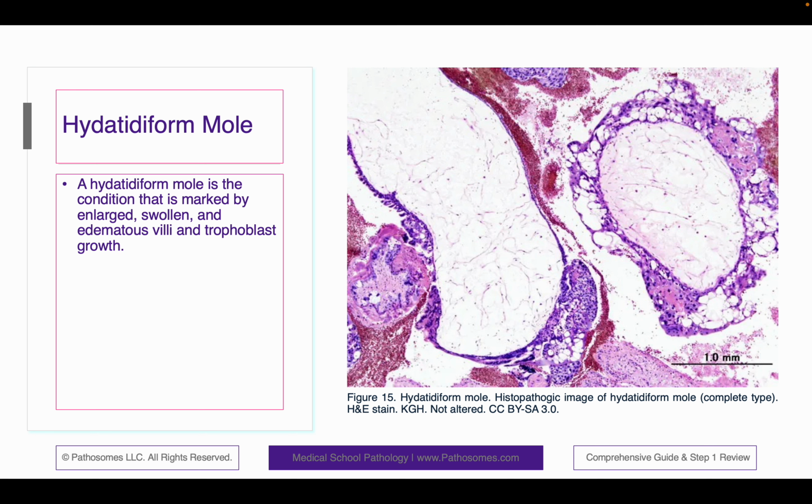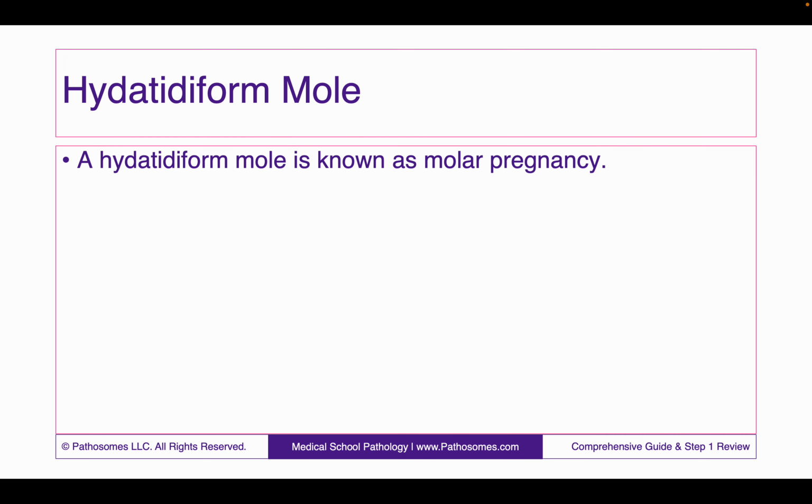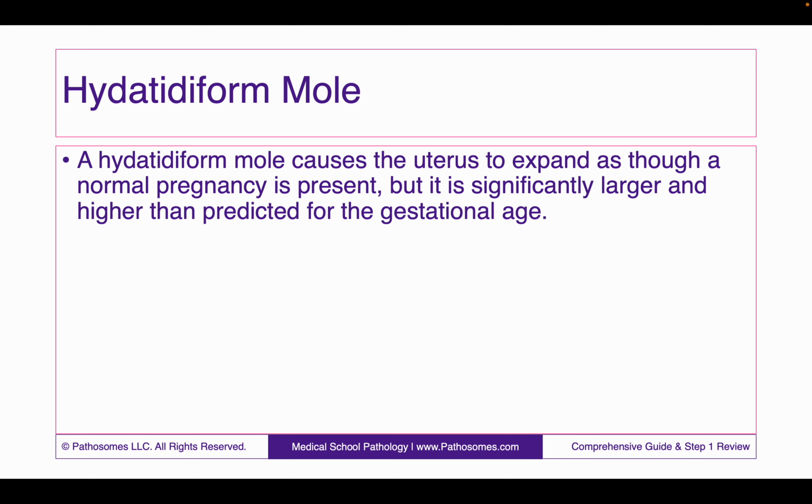This is the complete type. A hydatidiform mole is known as a molar pregnancy. A hydatidiform mole causes the uterus to expand as though a normal pregnancy is present, but it is significantly larger and higher than predicted for the gestational age.